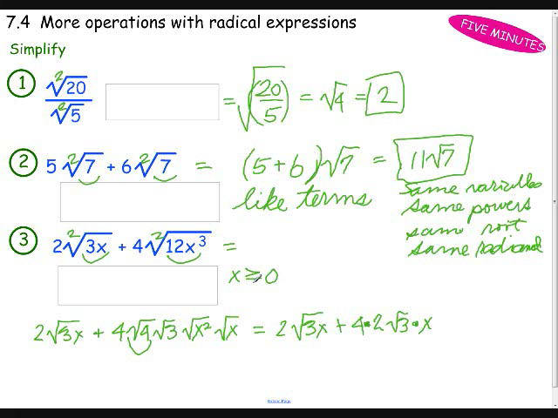We don't have to worry about it being negative, so we don't have to put in the absolute value, times the square root of x.